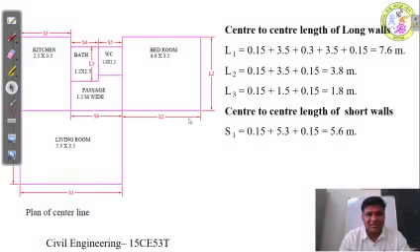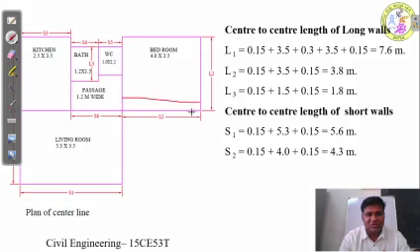Similarly, this is S2. From here to here it is called S2. Again for S2, the center to center distance of this wall is 0.15 meter, plus the linear dimension is 4 meters, plus this wall thickness is 0.15 meters. So it will come to 4.3 meters.